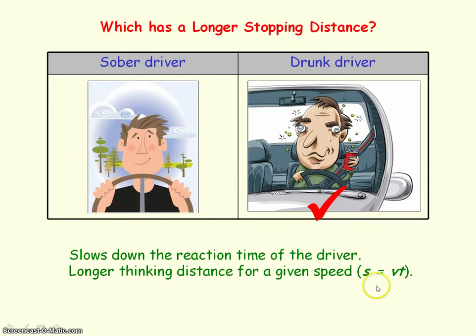So S equals Vt, our thinking distance equals the speed of the car multiplied by the reaction time of the driver. So for a given speed V, we can see that the thinking distance is proportional to the reaction time of the driver. So a longer reaction time, then a longer thinking distance.